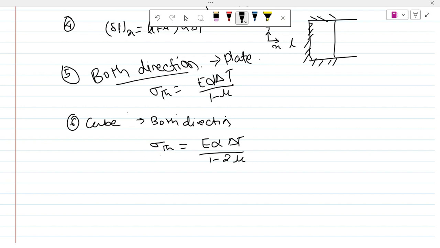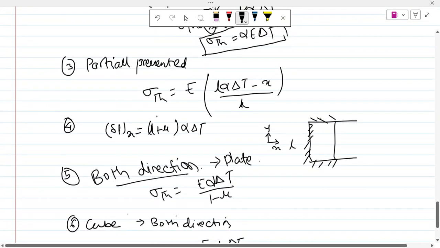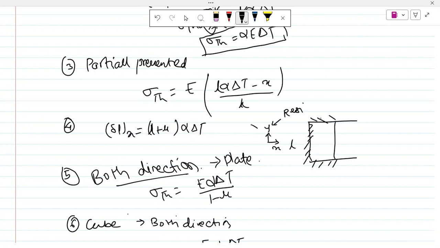Due to the other one direction, thermal stress in a plate is this. And for the case of a plane restricted in Y, this is restricted in Y, and it is free in X. Free in one direction, in X.